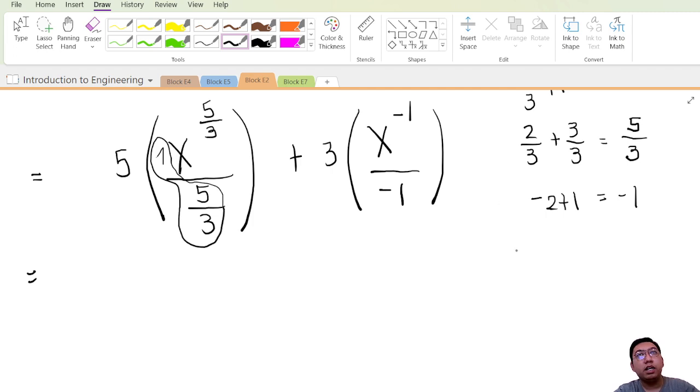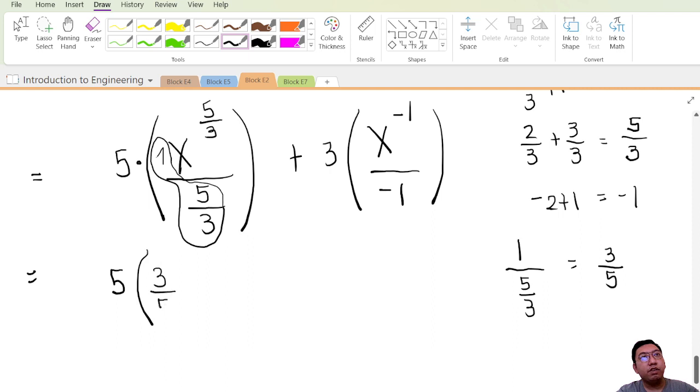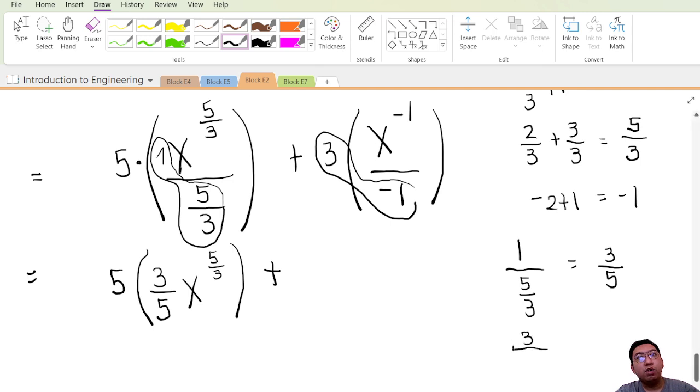So basically, 1 over 5/3 is 3 over 5, right? The reciprocal. And then you multiply the 3 over 5 to the coefficient outside. So that becomes 5 times 3/5 x to the power of 5/3, and then plus 3 over negative 1. 3 over negative 1 is actually negative 3.